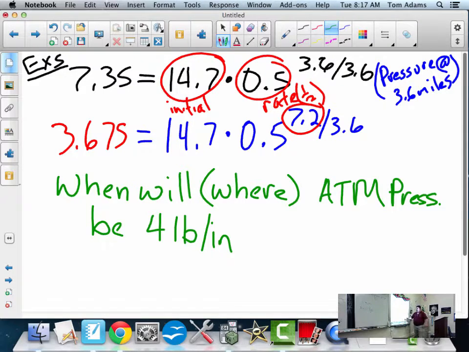Yeah, that's the unit, pounds per square inch. So if you were just to read the textbook, this might be a little confusing. That's why Mr. Adams goes over it with you.